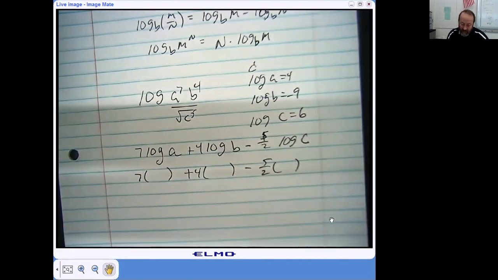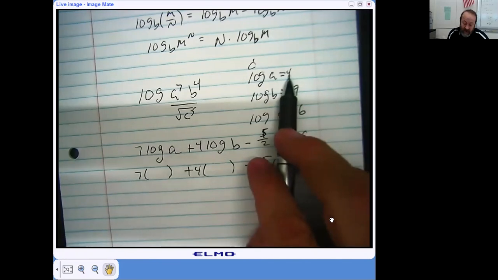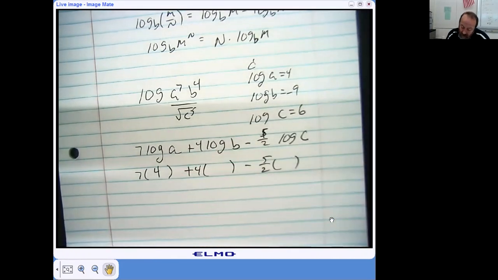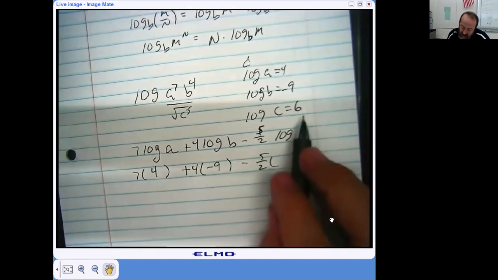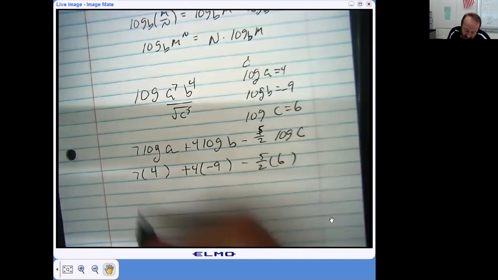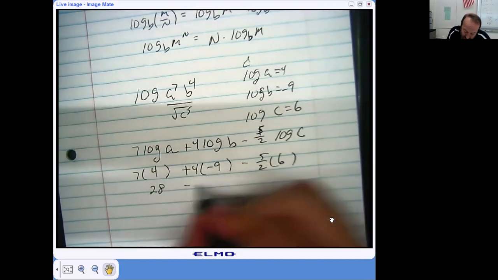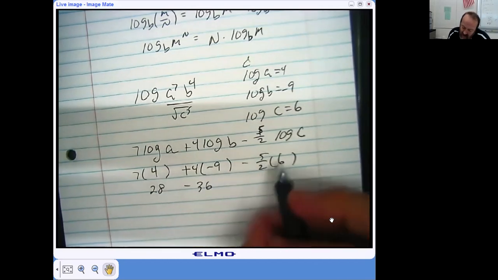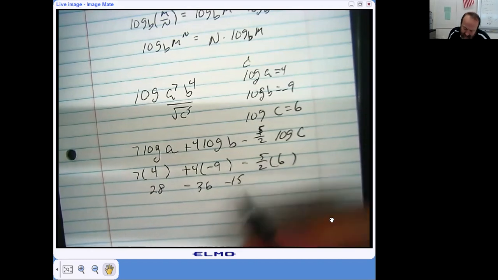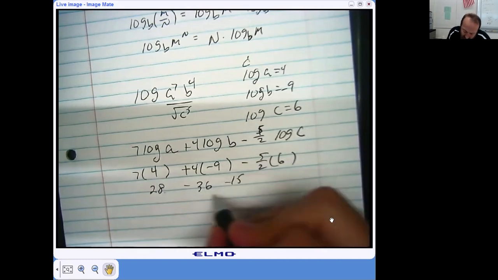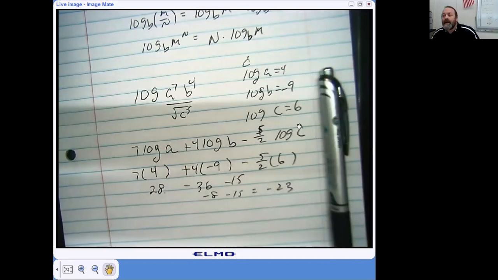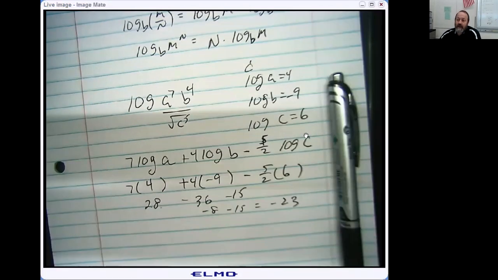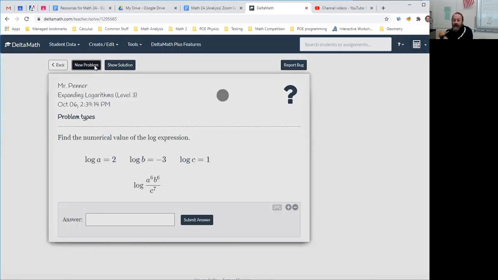In fact, I happen to know that the log of a was given right there to be the number 4. I know that the log of b was handed right there to be the number -9, and c right here was the number 6. So I've got 28 minus 36, and this would be a minus 15. So it looks like I've got a -8 minus 15, or a total of -23. So let's see if maybe there's another problem like that that we could look at.